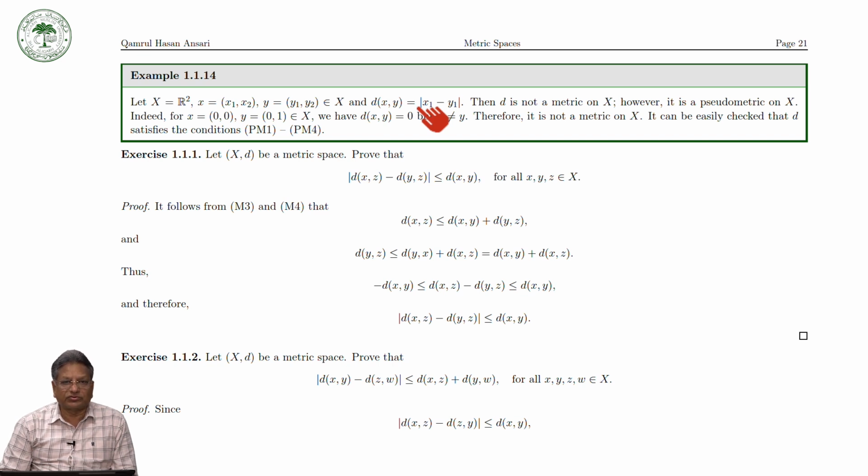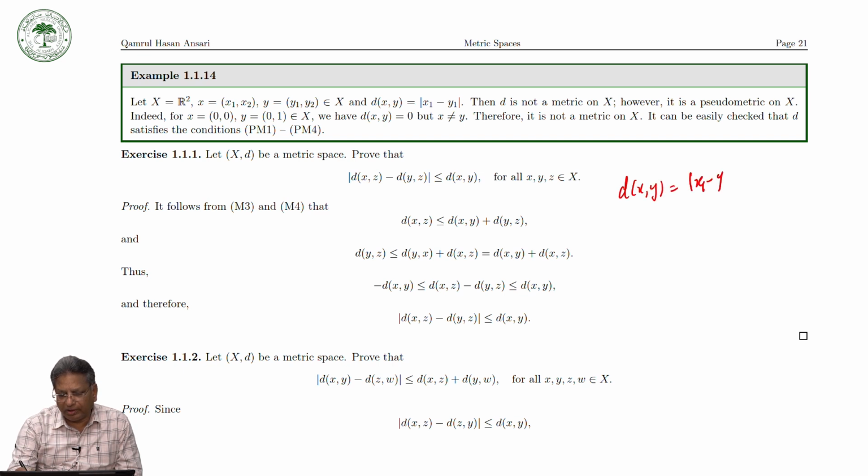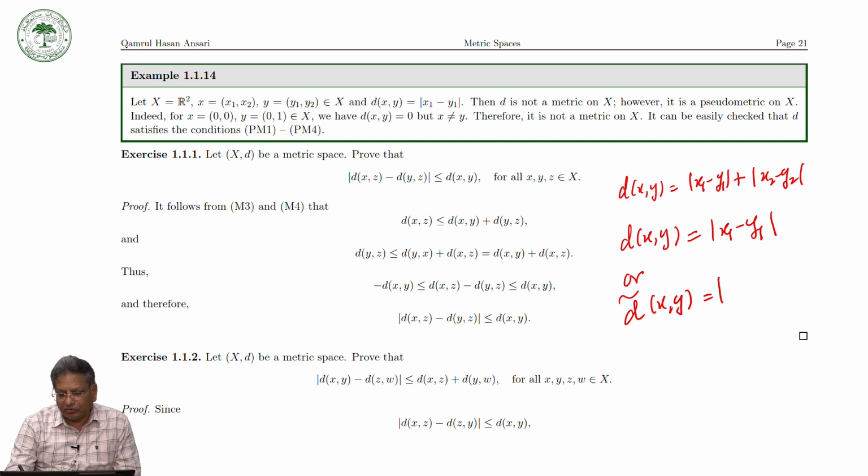But if we consider only d(x,y) equal to mod of x1 minus y1, or if we are considering only d tilde(x,y) equal to mod of x2 minus y2, would d and d tilde be metrics on R2?